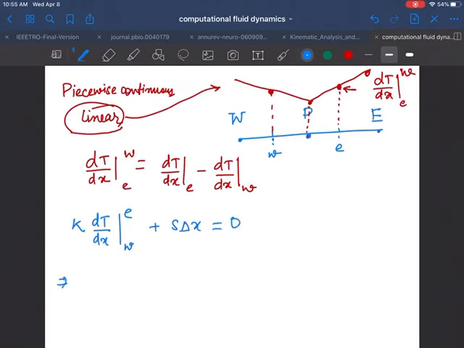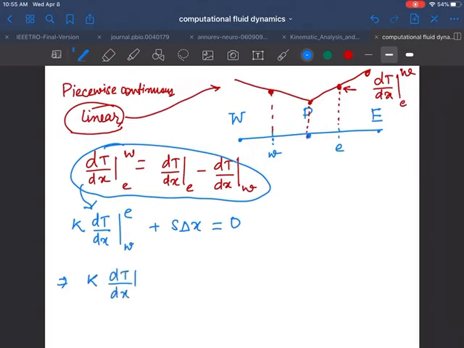So we can substitute here, and we can write K dT by dx at east face minus K dT by dx at west face plus S dx is equal to 0.